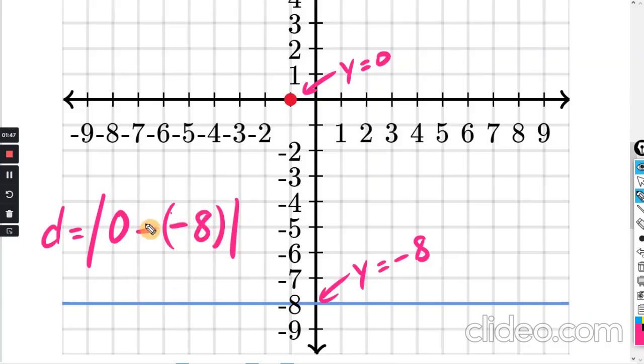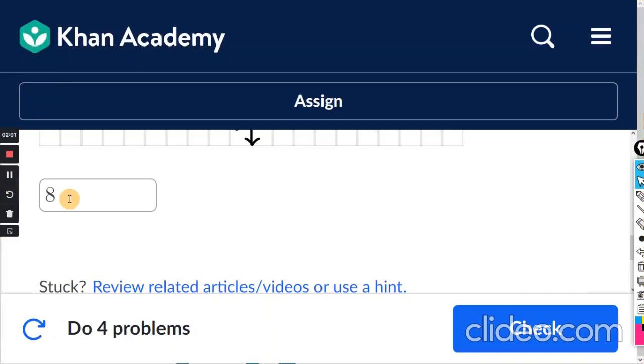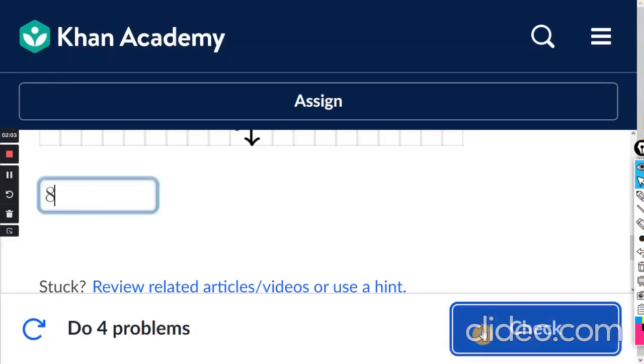Okay, and 2 negatives in a row make it positive. 0 plus 8 is just 8. All right, and the absolute value would keep it as 8. So 2 ways to do that one, but the answer is 8. So just type 8 in the box.